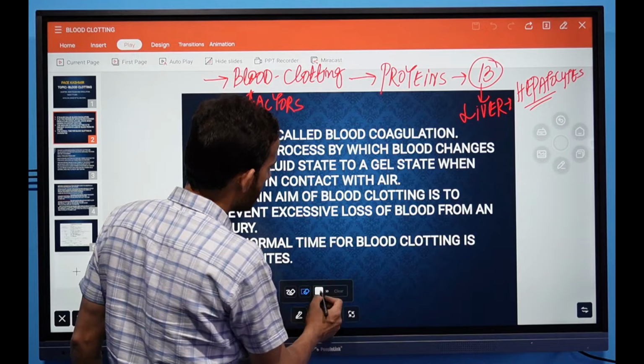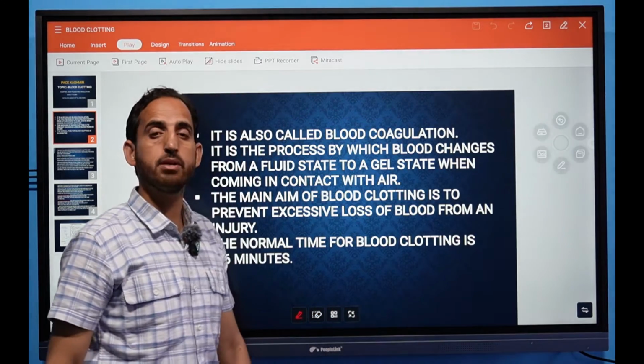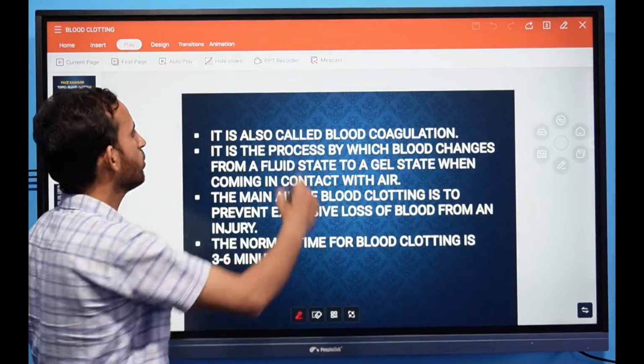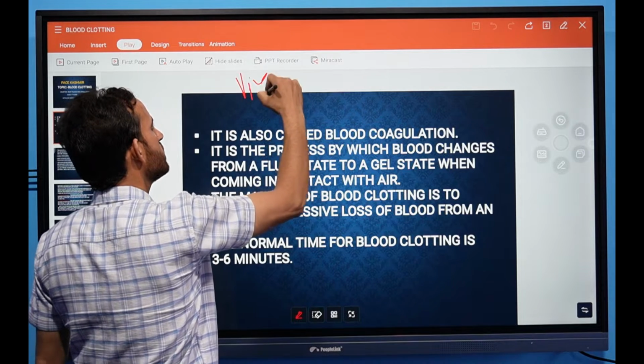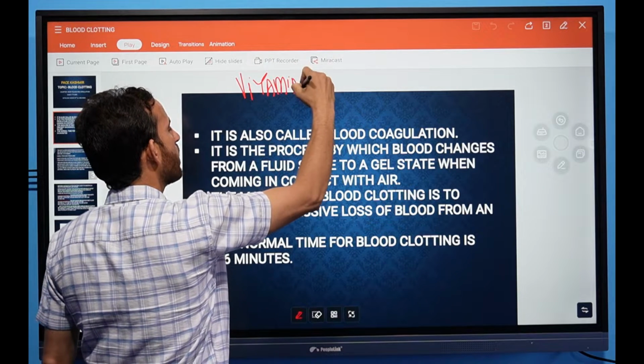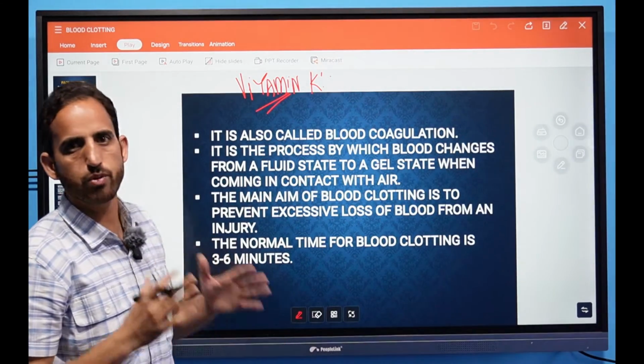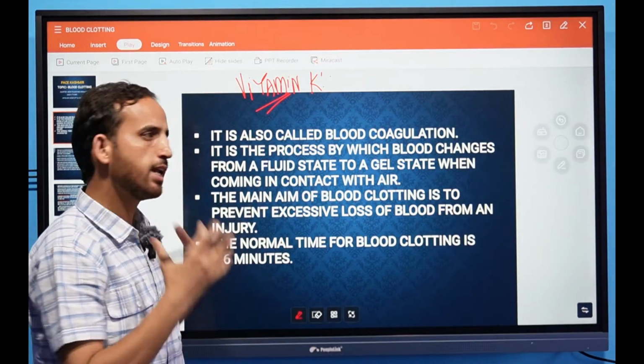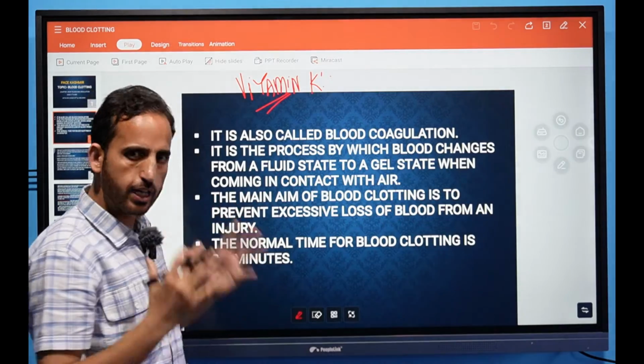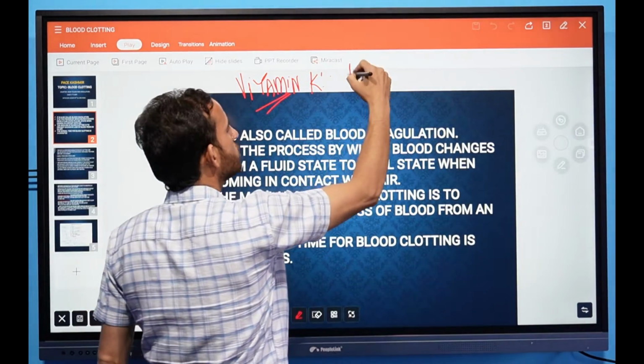Now, we will see what is the role of vitamin K in blood clotting. This vitamin K is the vitamin that is also responsible for blood clotting. Let us see what it actually does.